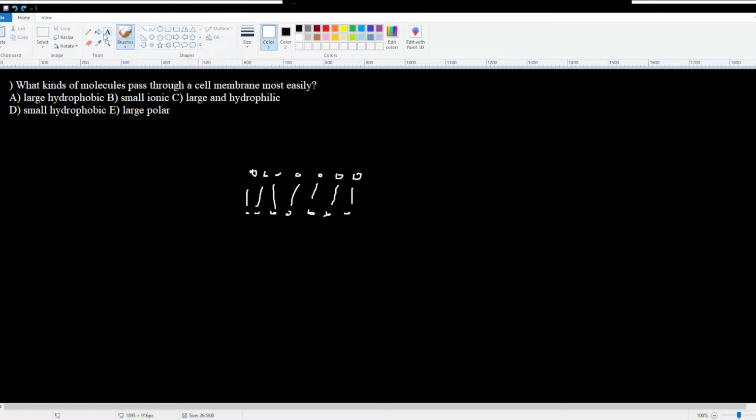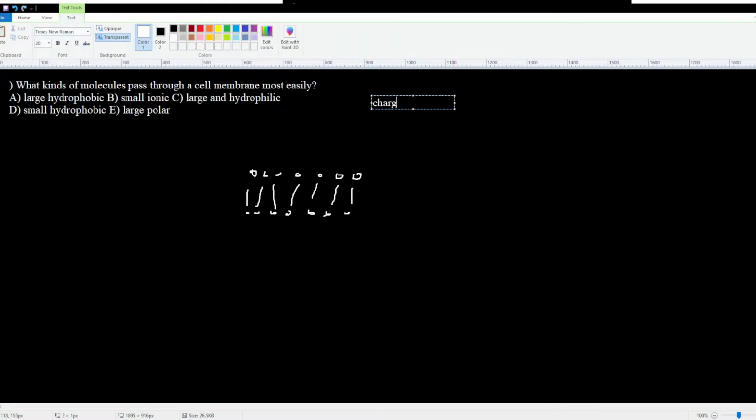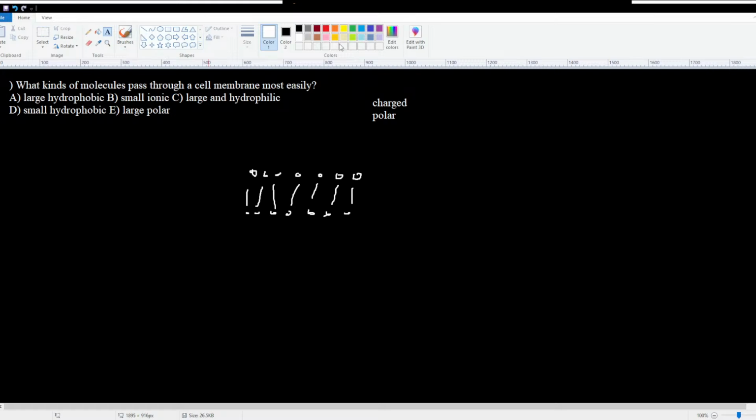It means that anything that's charged or polar is not able to go through. Especially charged. That will almost never go through.